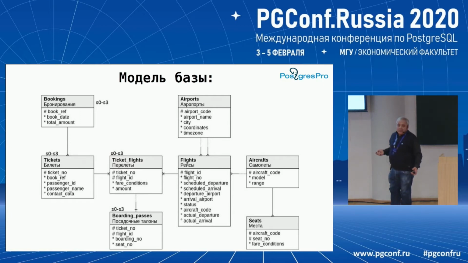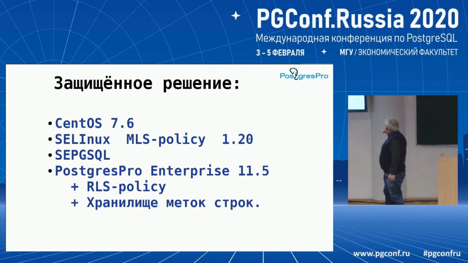And there are two categories here. S0 is open data, S1 DSP, and S2 are secret data. It means that only limited number of people have access to them. So this is not an open access. This model is quite relative, just like any model, but we had to start with something.